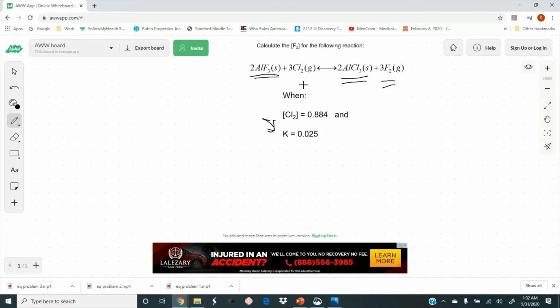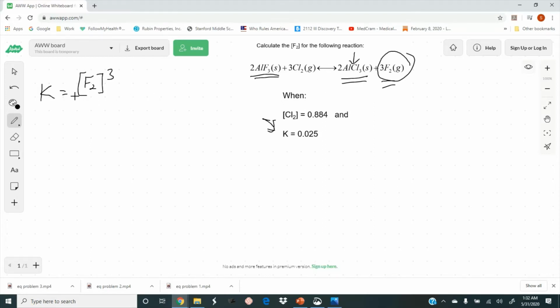All right, so the law of mass action for this is K equals the concentration of F2, our only gaseous product, which is what I'm looking for anyway, and I want to cube that. And once again, the solid we don't include. That's all that goes in our numerator.